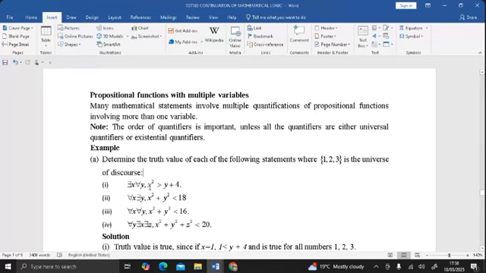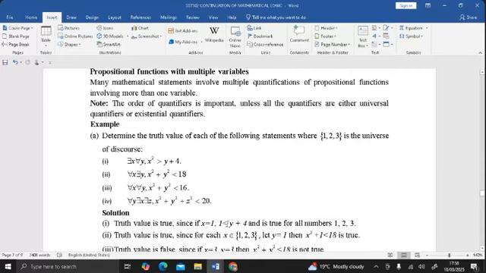Determine the truth value of each of the following statements where 1, 2, 3 is the universe of discourse. And look at this: there exists x for every y such that x squared is greater than y plus 4. Here you're told that there exists an element x in this set such that for every y in the same universe of discourse, x squared is greater than y plus 4.